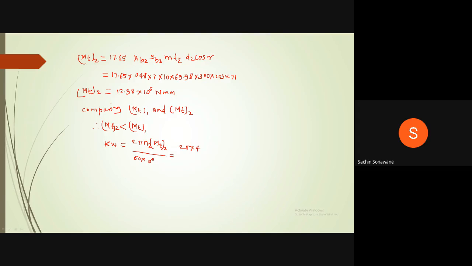Therefore, 2 pi into 40 into 12.38 into 10 raised to 6 divided by 60 into 10 raised to 6. Therefore, kilowatt, what is the value? 51.85. Okay, this is our answer.